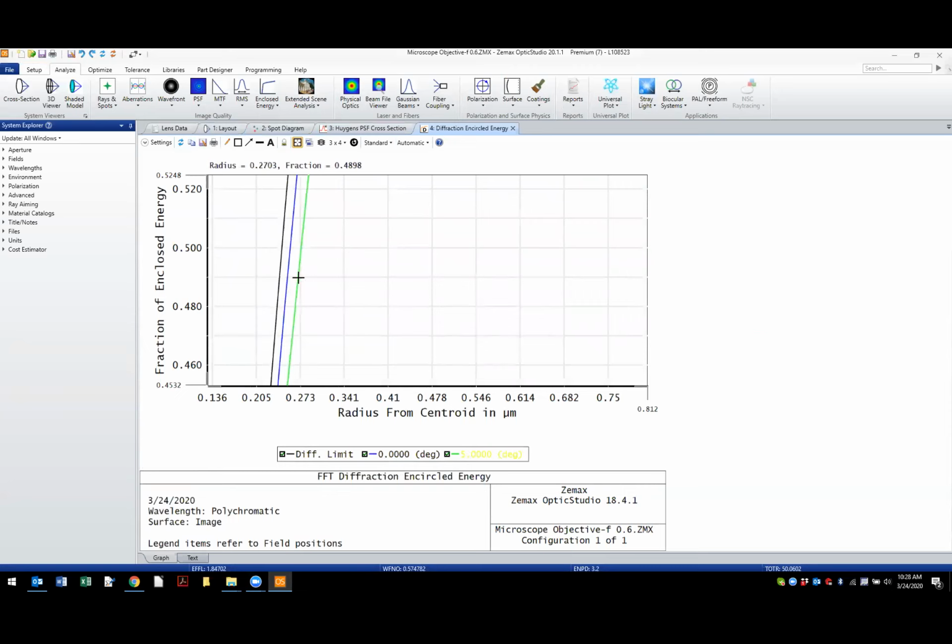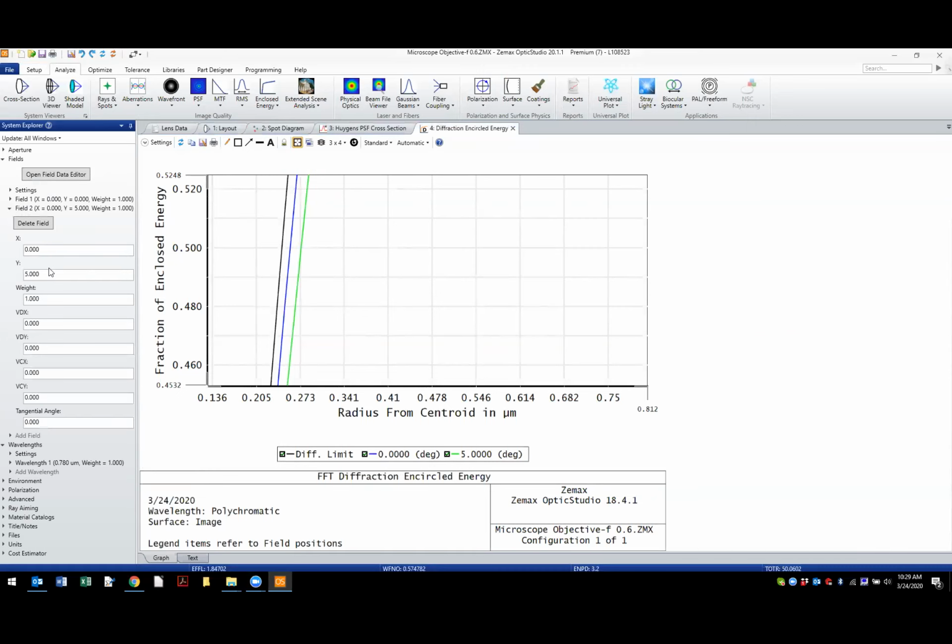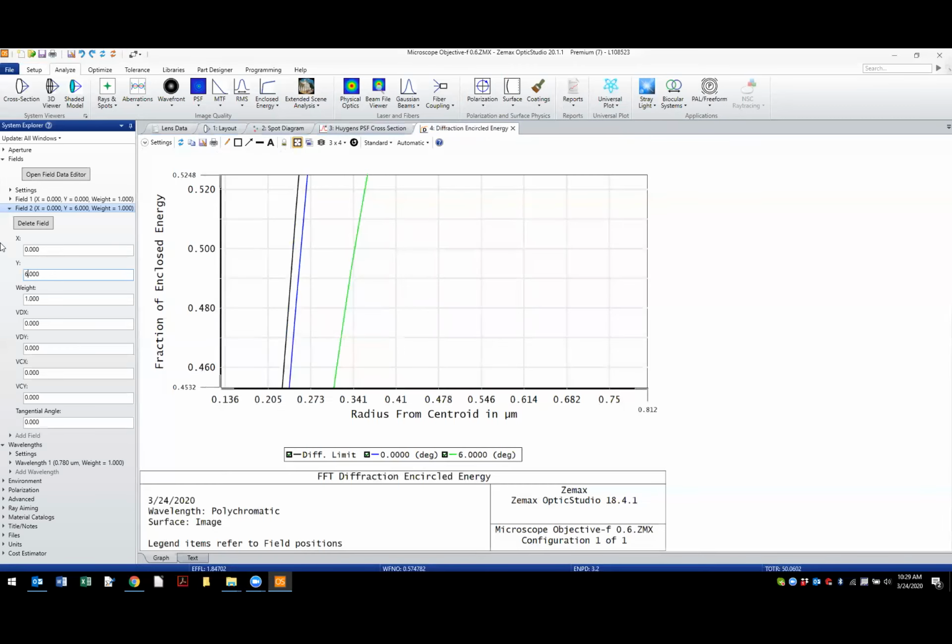So your task in the first part of the upcoming assignment will be to basically look at that graph and see how much further you could move things off-axis before the spot size doubles.